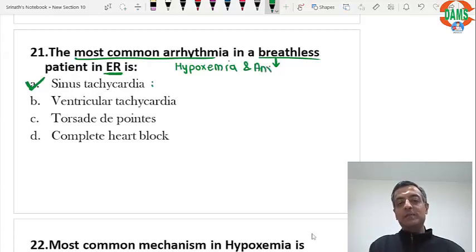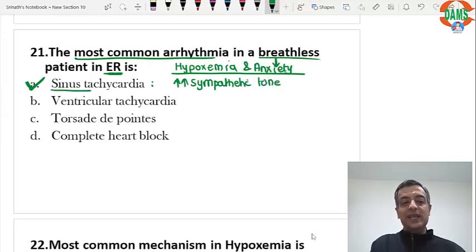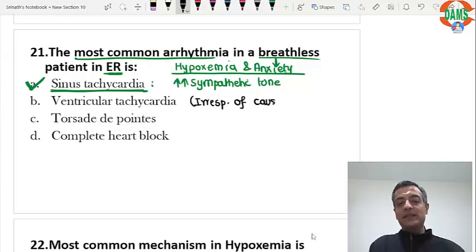The breathless patient is both hypoxemic and anxious, which leads to increased sympathetic tone, responsible for causing sinus tachycardia irrespective of the cause of breathlessness.